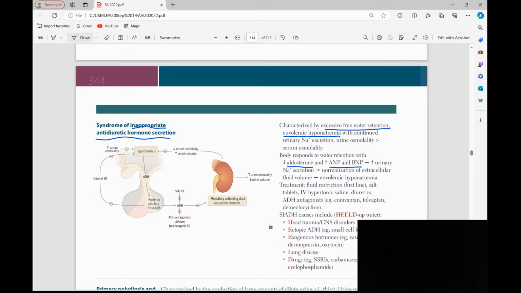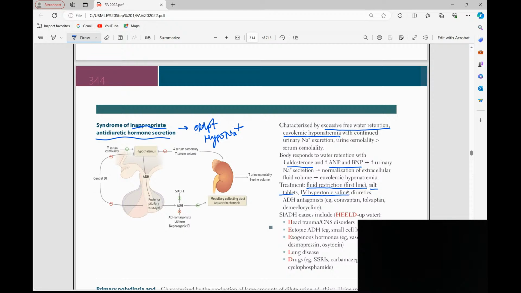Just let's remember that whenever there is excessive ADH, especially you see this in an old patient, an old patient comes with hyponatremia. We'll try to find out the cause, but we'll go with fluid restriction, and if not, controlled salt tablets, and we have IV hypertonic saline, and this is the treatment of choice.